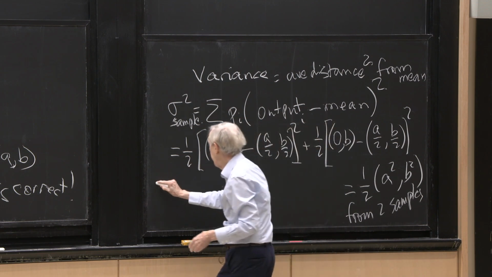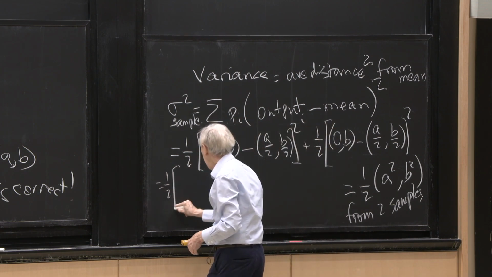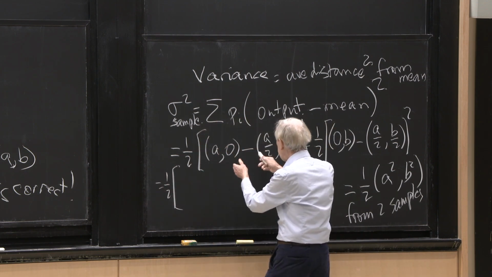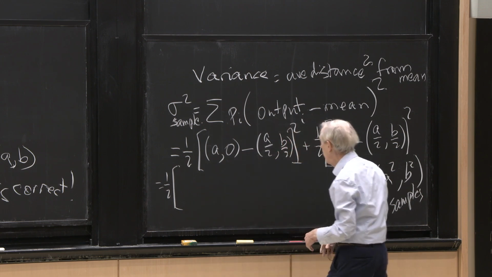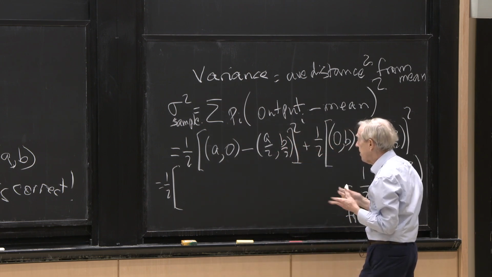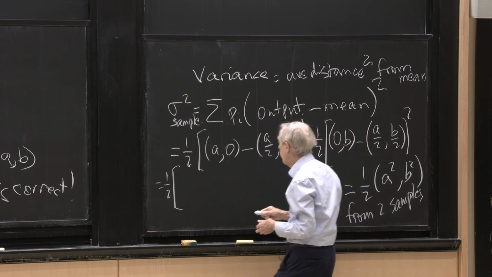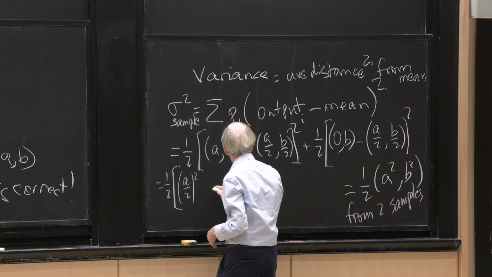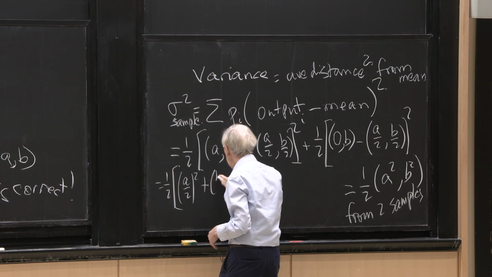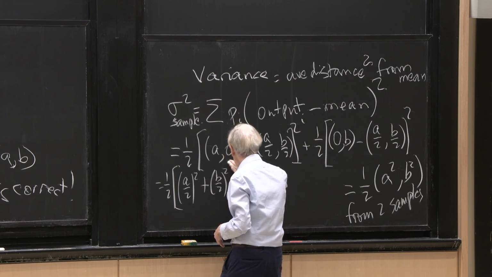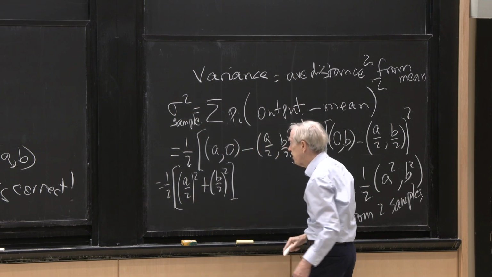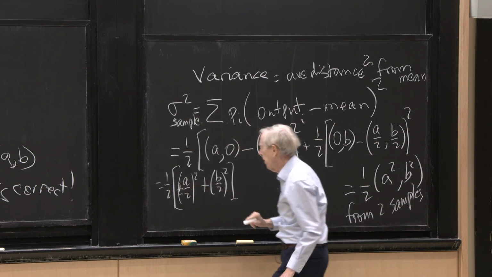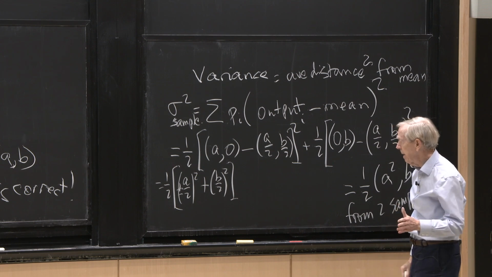I think we've got here 1/2 of, it looks to me like A over 2 squared plus B over 2 squared. I'm missing by plus or minus, but when I'm squaring them, that's the whole point of variance, doesn't matter.